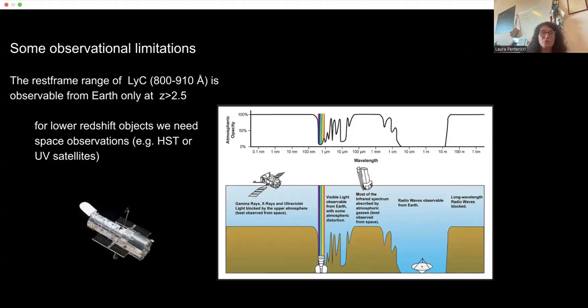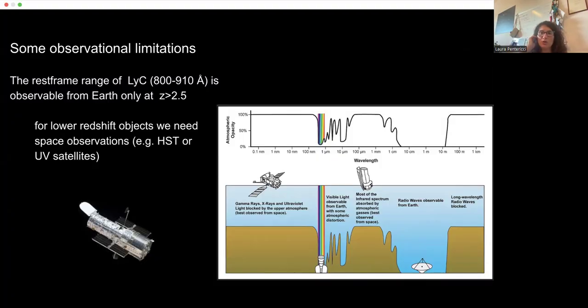There is also an observational limitation. So I mentioned that these observations were done with HST, okay? And the reason is that the rest frame range of Lyman continuum is not observable from Earth up to redshift 2.5. Because the atmosphere is luckily not transparent to UV photons, so we are protected from UV photons.